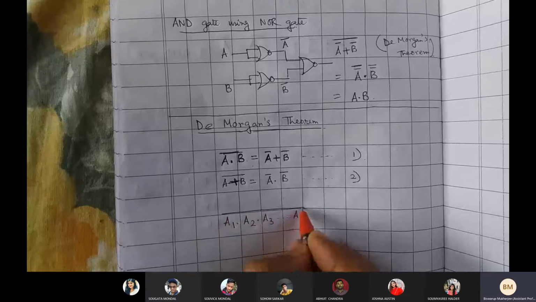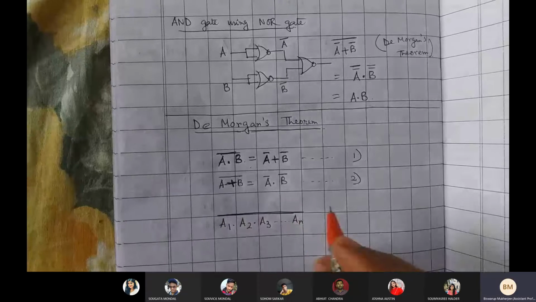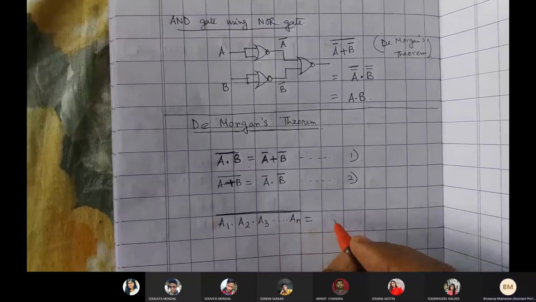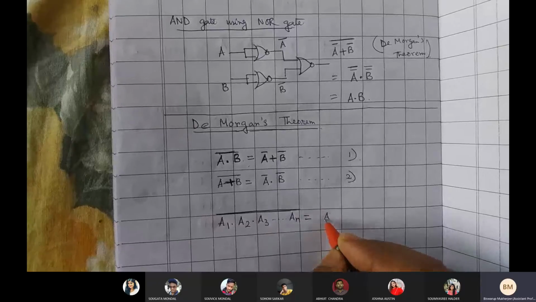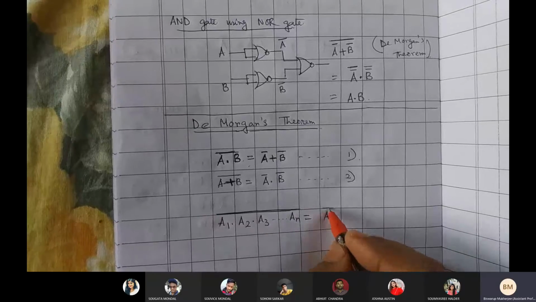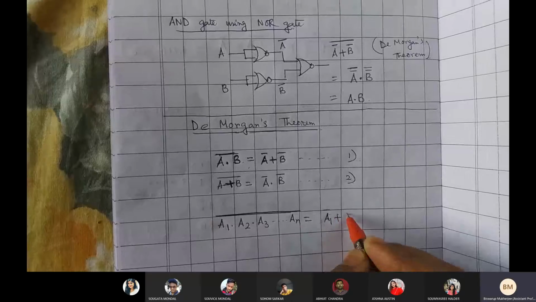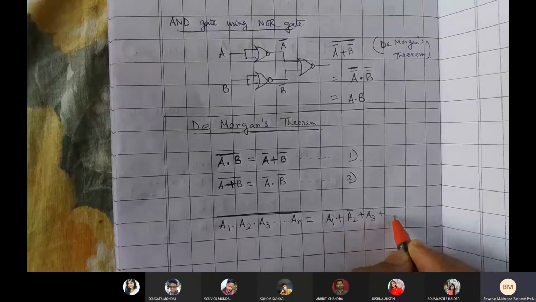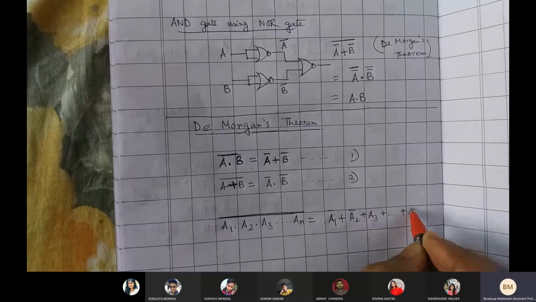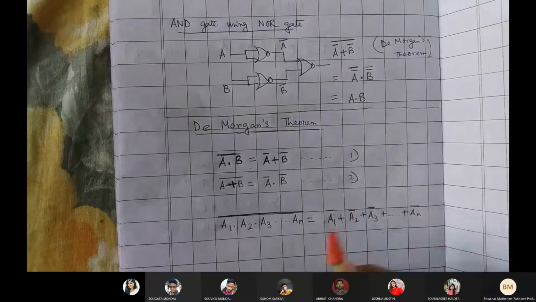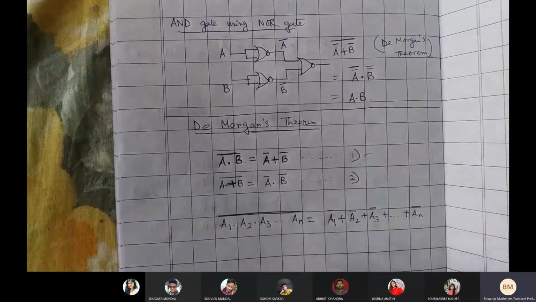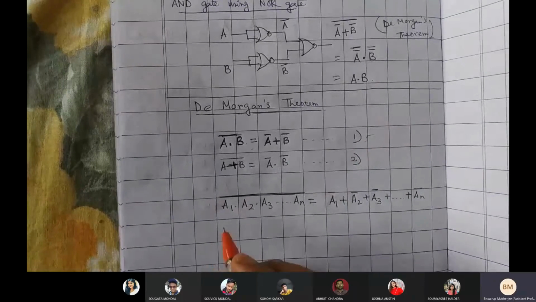The whole complement of the AND operation of these variables is equal to the OR function of the individual complementary variables, that is A1 complement plus A2 complement plus A3 complement plus dot dot dot plus AN complement. That is the generalized one for the first case, and the second case is also true.